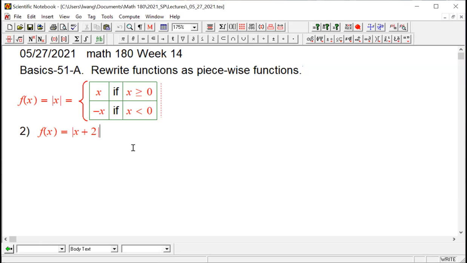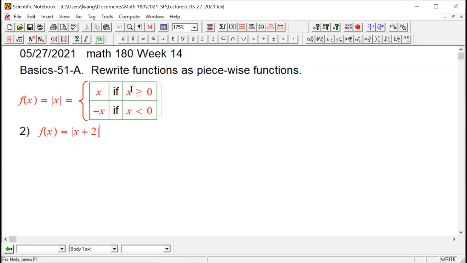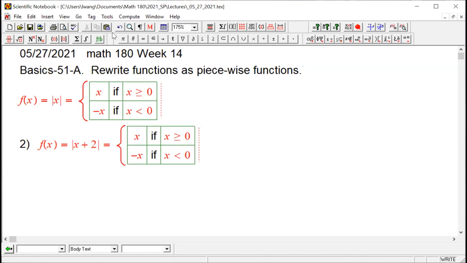So the way we do it, I think I might have done this before, but just in case. When we see this function, I want you to see it as omega. Treat this as omega.